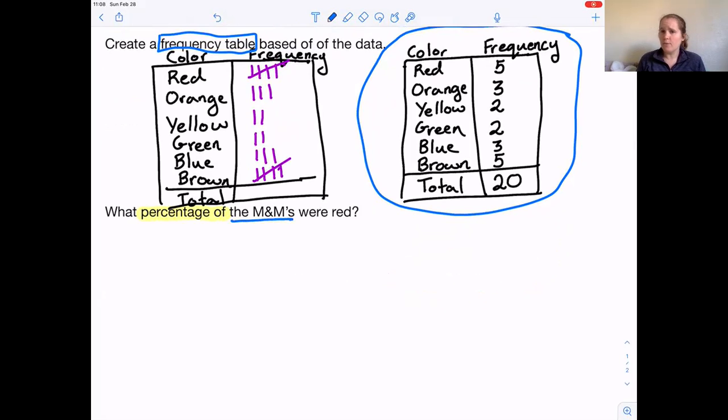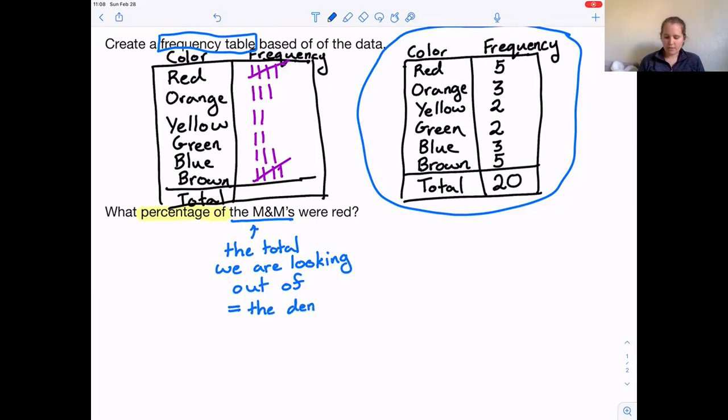That is our total that we are looking out of. So in terms of our fraction, this will give us the denominator, or the bottom of the fraction.